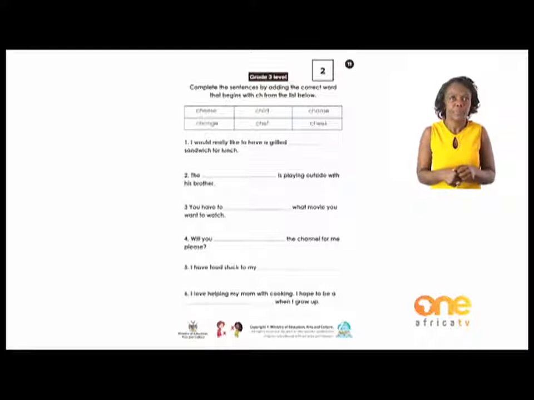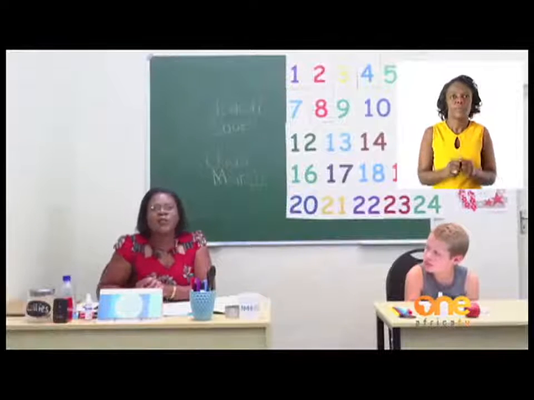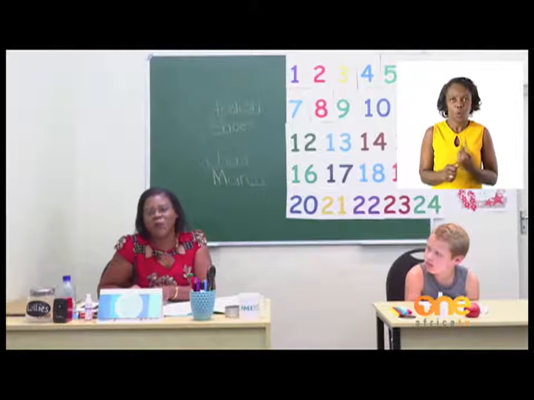Those are the words with the ch sound. I would like you to find out which word is correct to be put in the line left there in order to make each sentence correct. Are you going to be able to do that for me, please? I know you can. I'll check it with you tomorrow.